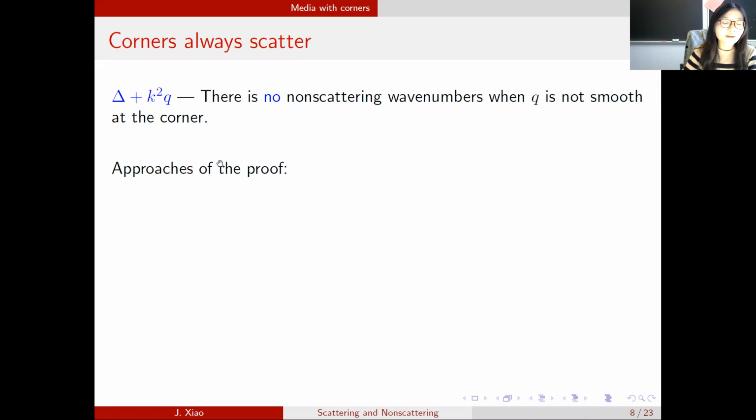And there are two different approaches of the proof available. One is by using CGO solutions. CGO solutions have this exponential term with the imaginary part.